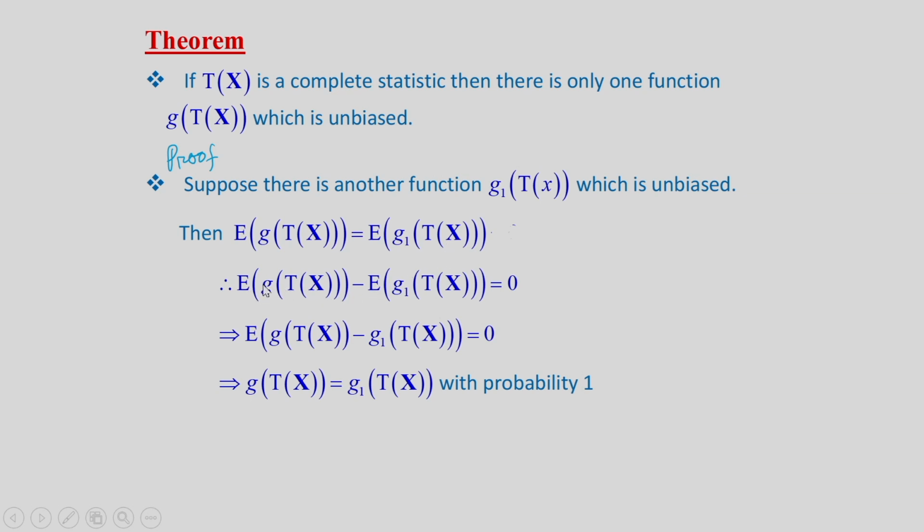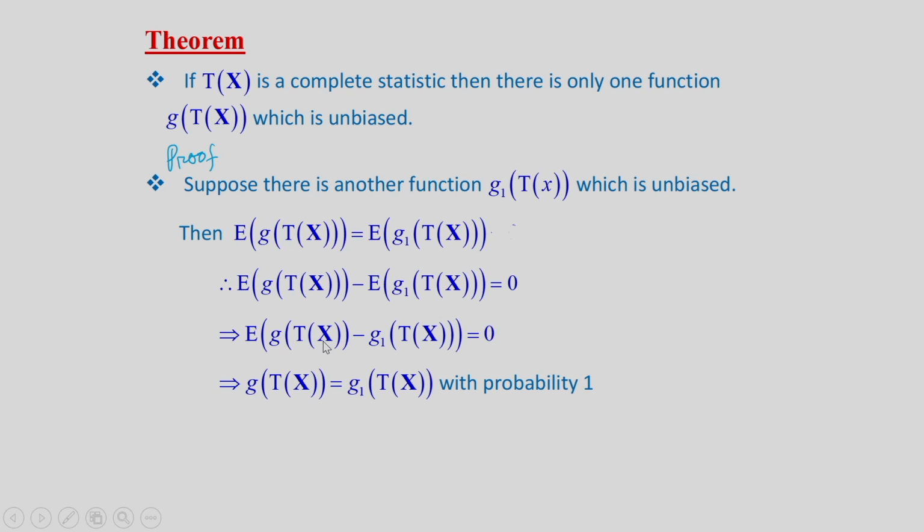Therefore, if I take E of g1(T(x)) to the left hand side, I will get E of g(T(x)) minus E of g1(T(x)), which must be equal to 0. And we can take E outside: E of g(T(x)) minus g1(T(x)) must be equal to 0.